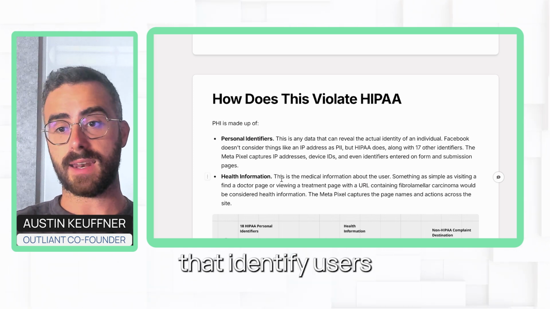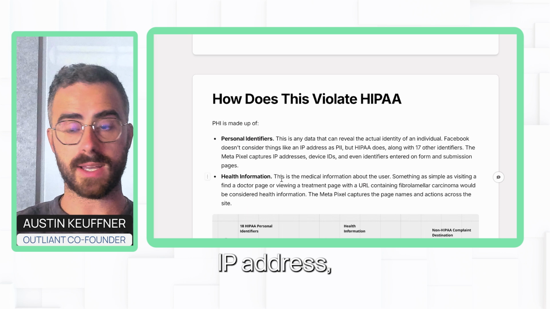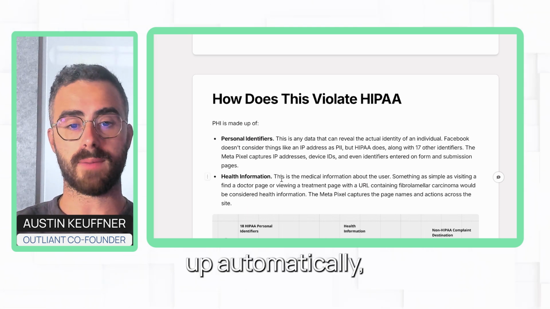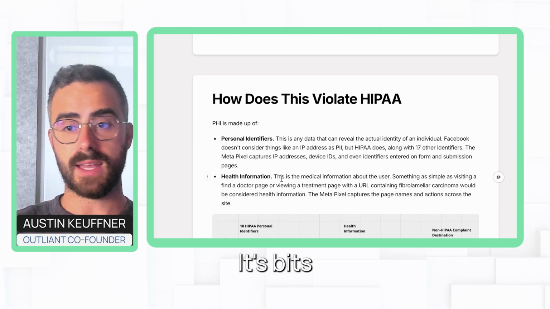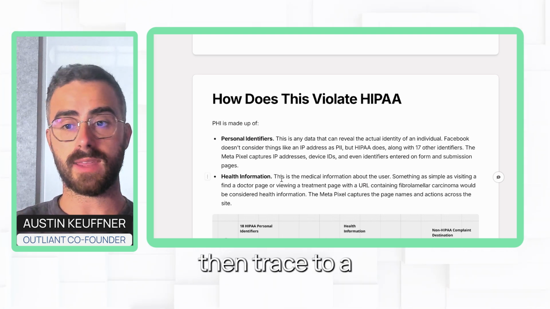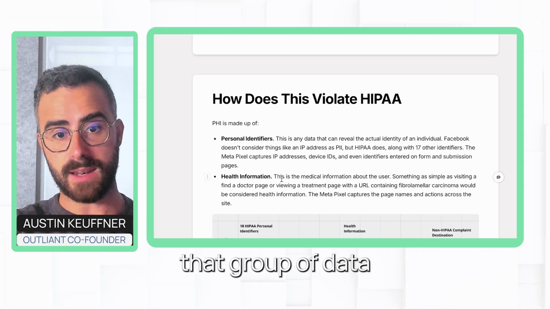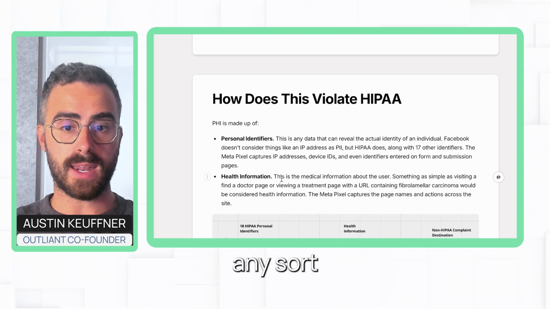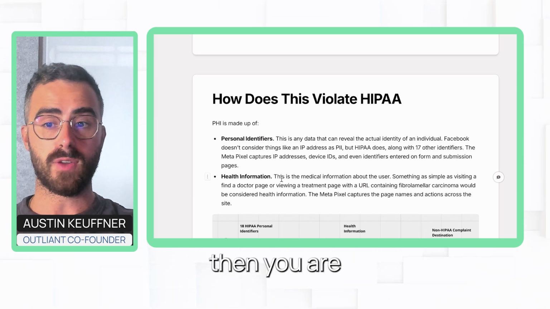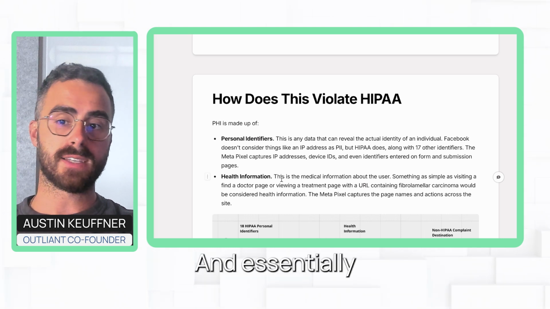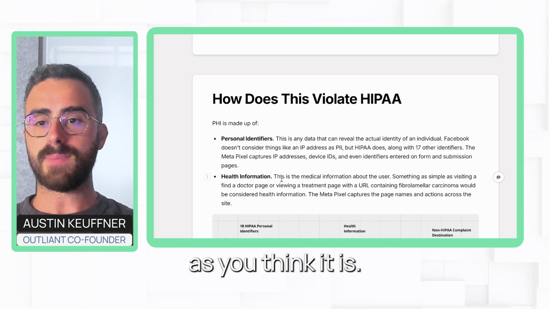These are things that identify users, such as name, IP address, which the Pixel picks up automatically, address of the user, phone number, email. It's bits of information that you can use to then trace to a specific person. And if you send that group of data along with any sort of health information to a non-compliant destination, then you are violating HIPAA.